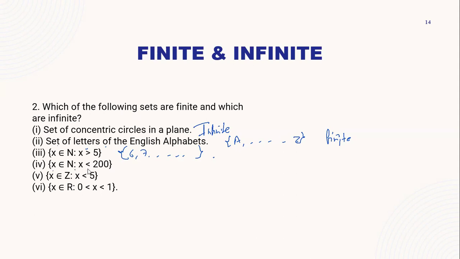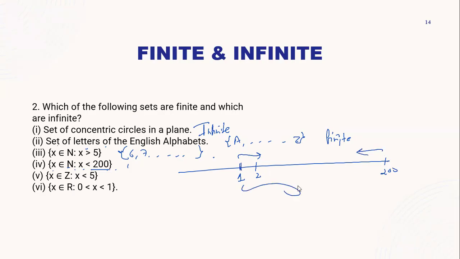x belongs to natural numbers and x should be less than 200. See, if I am going too fast, then you have to either slow down the speed or pause the video so as to understand the concept deeply. If I represent a number line, natural numbers start from 1 and go till infinity, but they are mentioning here that it should be less than 200 and natural numbers already start from 1.